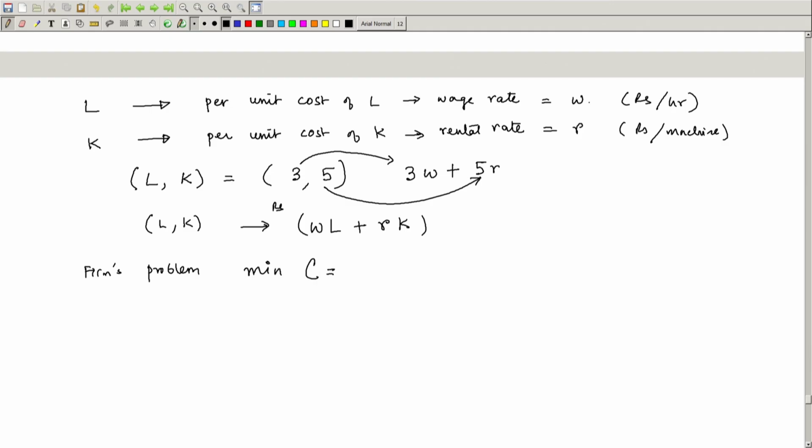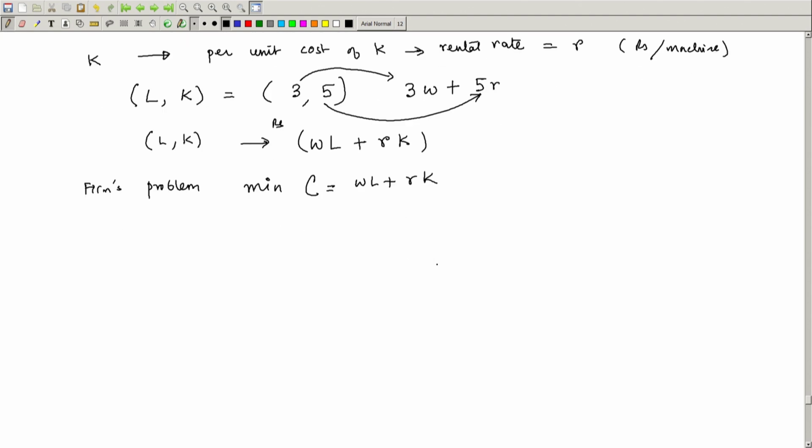I'm going to denote C as WL plus RK, so from now on, I'm going to use the notation C to denote cost. And what am I choosing? I'm choosing the amount of labor and the amount of capital in order to minimize WL plus RK, subject to my technology allowing me to produce a certain quantity of output.